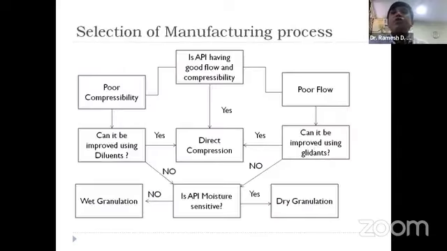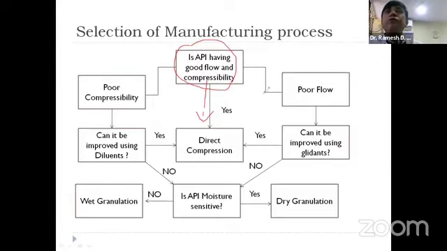So which technique is to be used depends on the attributes of the API. So this is a flow sheet which will help you decide which method should be used. If your API has good flow and good compressibility, if the answer to both these questions is yes, you can go for direct compression.